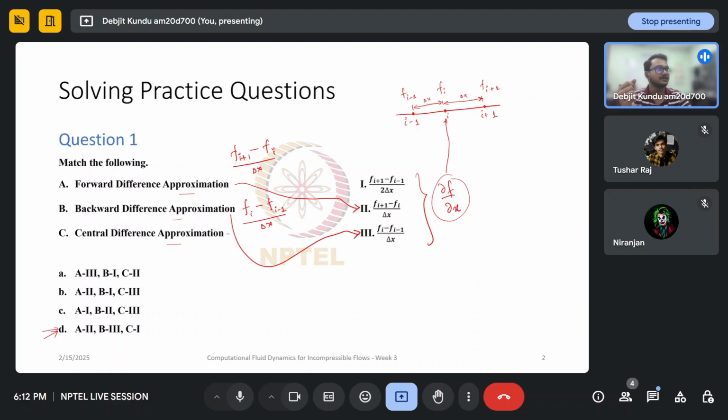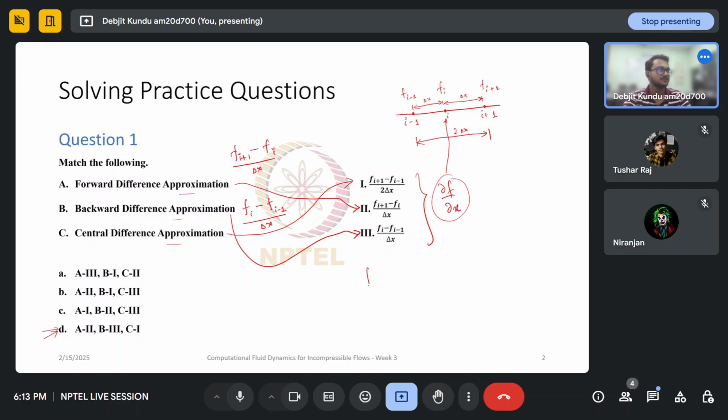And that leaves us with central difference being 1. But let's go through that once again. What happens in central difference is that we leave out the point in consideration and consider two different points, one forward to it, one backward to it. The only difference between the forward and backward strategies with central is that the total spatial difference between I plus 1 and I minus 1 is twice delta x.